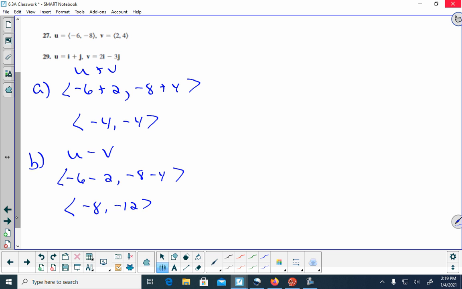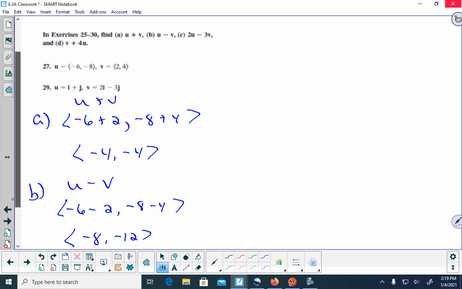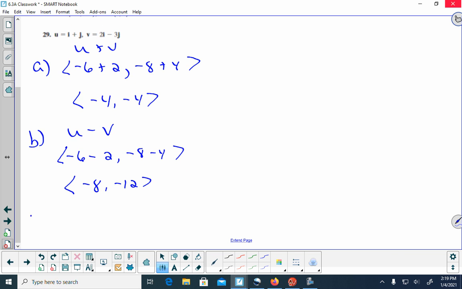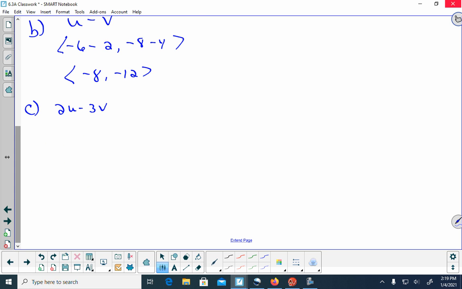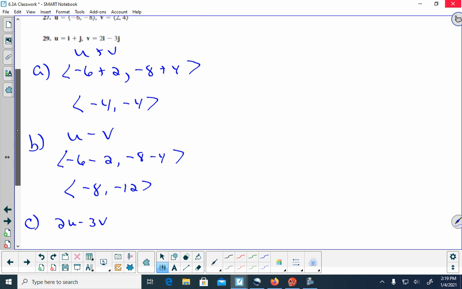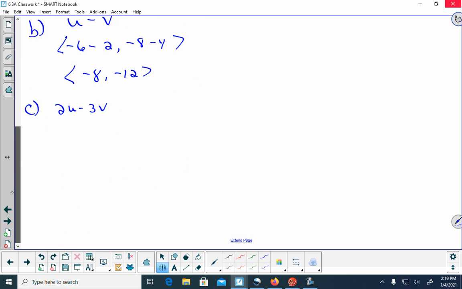The next one is going to be 2U minus 3V. So I'm going to take 2 times that negative 6, negative 8, so negative 12, negative 16, and then minus the 3V. So I'm going to make this plus and distribute a negative 3, if you don't mind.